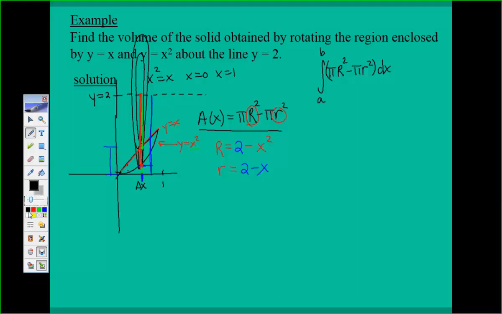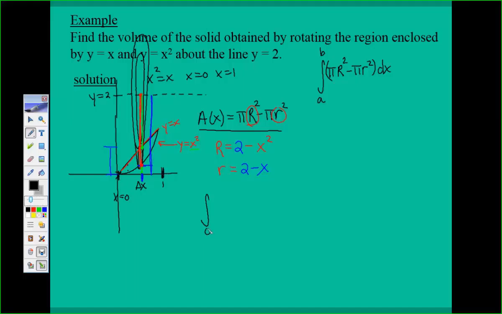So setting this up in our integral, the rectangles go from x equals 0 to x equals 1.